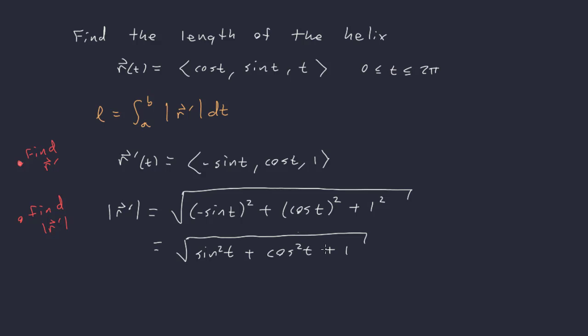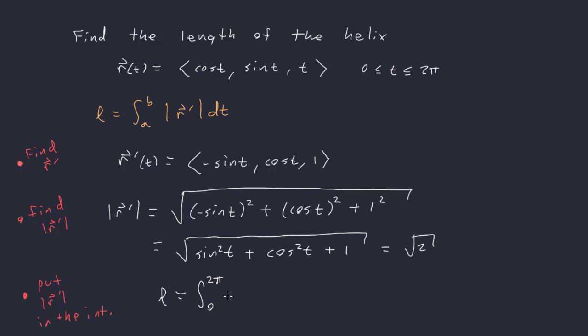Thankfully, cosine squared plus sine squared is 1, so this comes out to 1 plus 1, so root 2. Then the next step, put it in the integral. So we'll put the magnitude of r prime in the integral. That means the length will be the integral from a to b, here that's 0 to 2 pi.